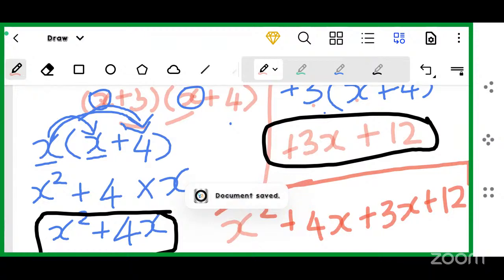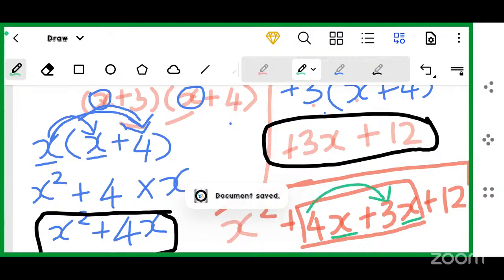So now we have 4x and 3x. These ones are our like terms. Why am I saying they're like terms? Because we have x and they also have x there. So what you're gonna do, you just add the numbers and you keep the x.